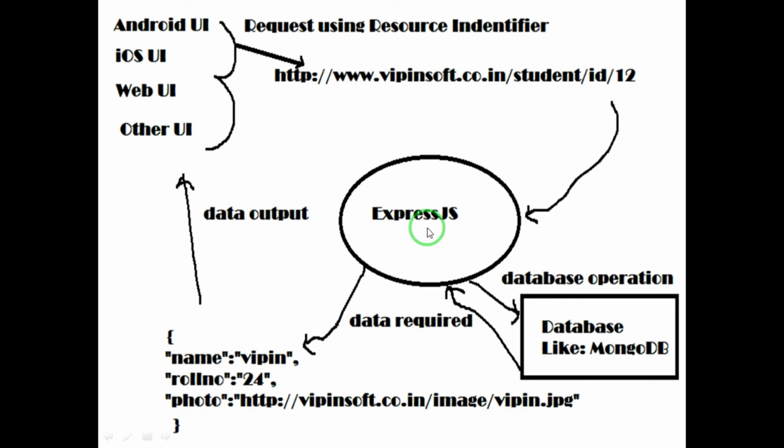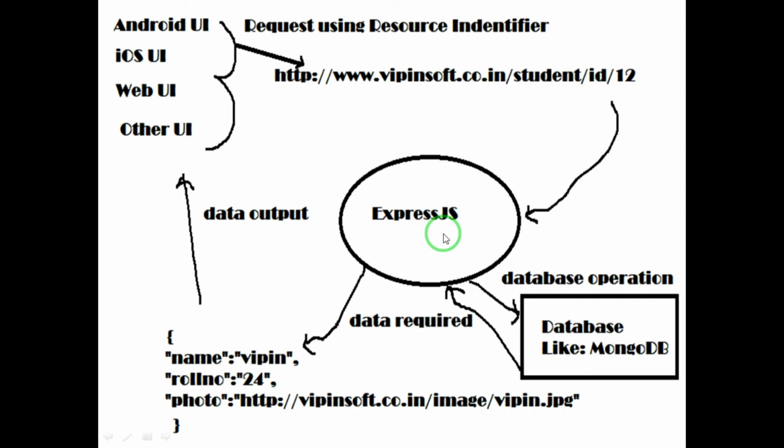Because we are going to use Node.js, in Node.js we have a web server called Express.js. That Express.js is a server which gets a request from the client. The clients are these interfaces: Android application, iOS application, web application, and other device applications. These applications are coming to Express.